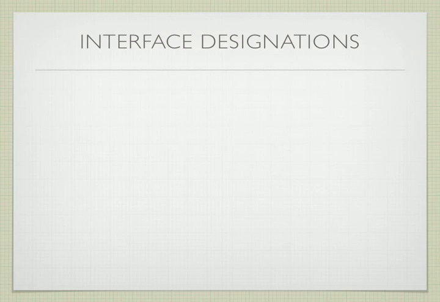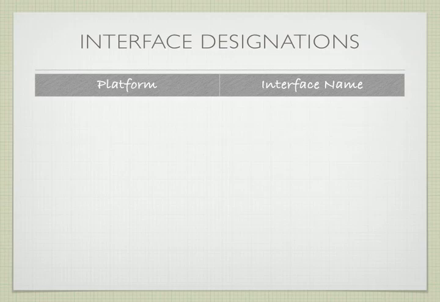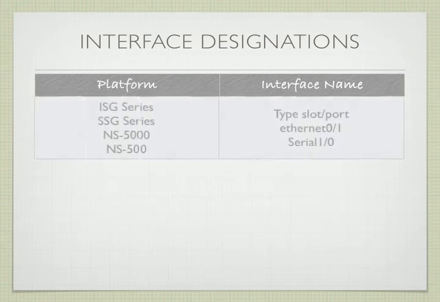Interface designations. On the different ScreenOS devices, there's a different interface naming convention set up for them. So on the ISG, the SSG, and the NS series of devices, they are generally labeled with the slash notation, the slot as the first number and the port as the second. So Ethernet 0/1 is the first slot, since of course, all good programmers start counting at 0.